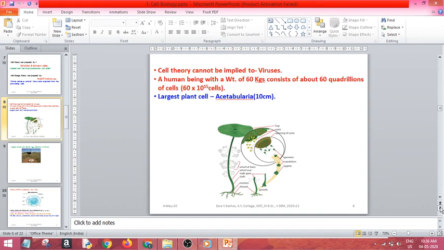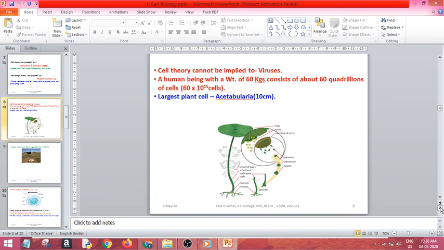Whenever they come out of the host, they behave as mere chemical crystals. Viruses are simply described as nucleoprotein particles. Typical cell structure is absent in viruses.